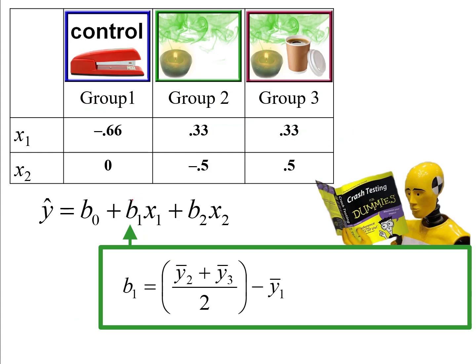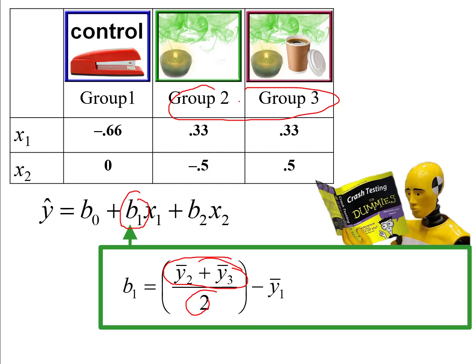And here's the formula for calculating this first slope, beta 1, where we take the means of our 2 treatment groups, group 2 and group 3, add those means together and divide by 2 to get the average mean for these 2 groups.